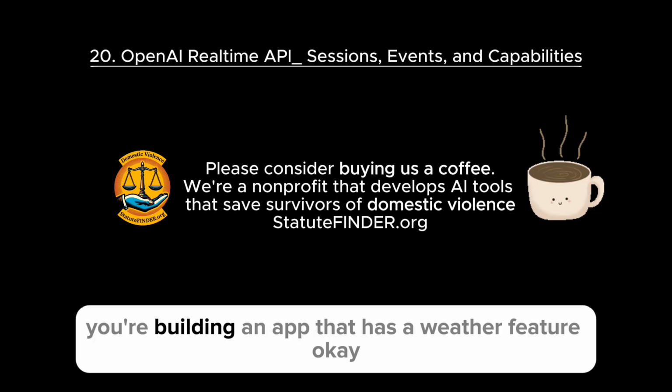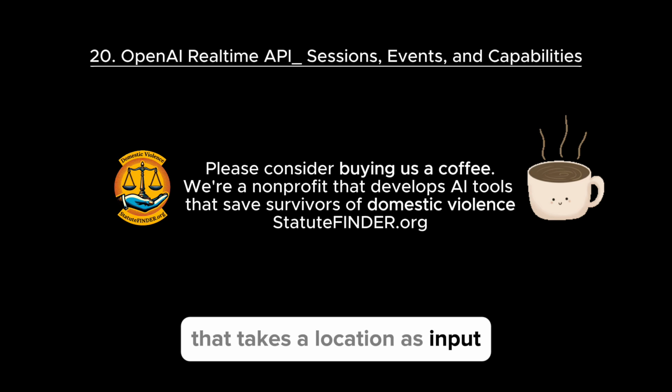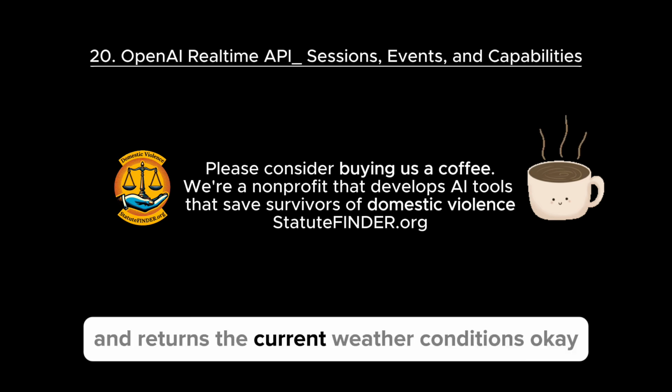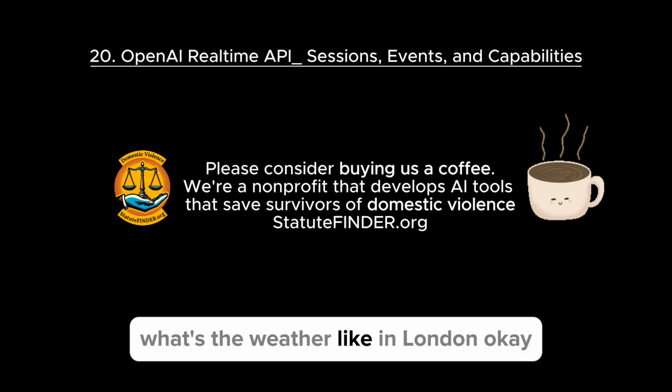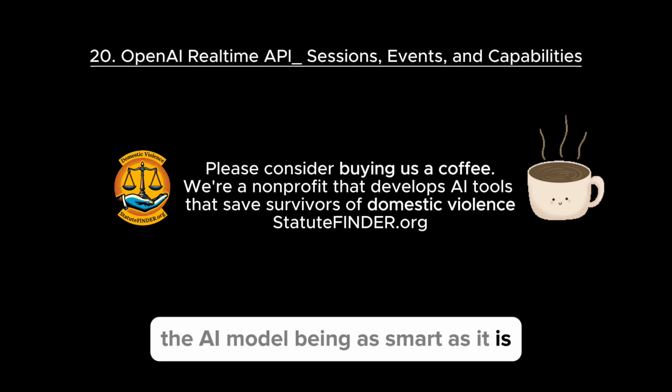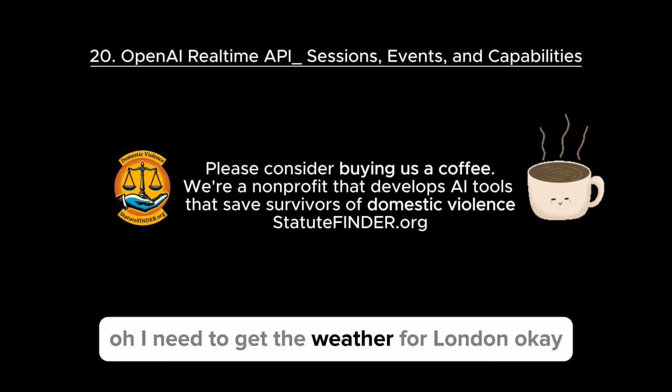Yeah, so let's say you're building an app that has a weather feature. You could define a function called getWeather that takes a location as input and returns the current weather conditions. So let's say the user asks, what's the weather like in London? The AI model, being as smart as it is, recognizes that intent and says, oh, I need to get the weather for London.